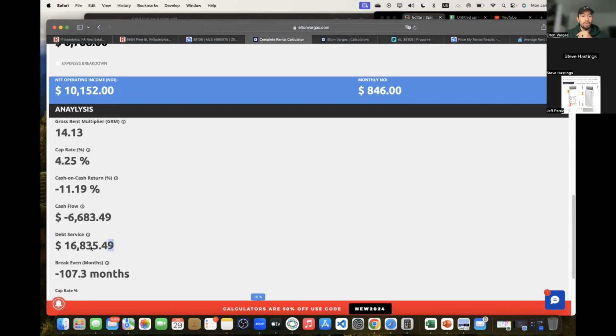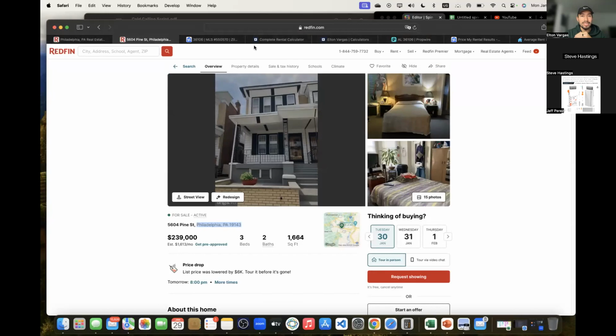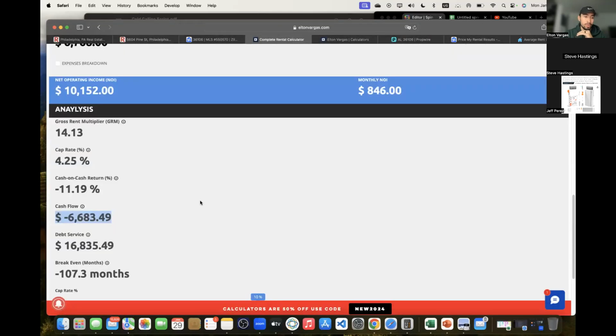So my mortgage is going to be around $16,835 every single year. So I have to deduct that debt service from my net operating income, and this property is just not cash flowing. Again, I'm negative $6,000. So buying it at $239,000 for this investment is not a great opportunity whatsoever.